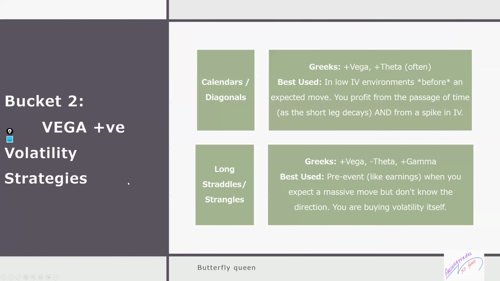So that was my bucket one, which is theta positive trades. This is Vega positive trades, where I do calendars, diagonals, long straddles, and strangles. Okay. Now, what is a calendar and a diagonal? Here you're taking care of different expirations.